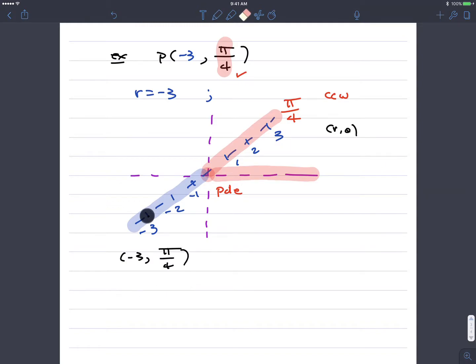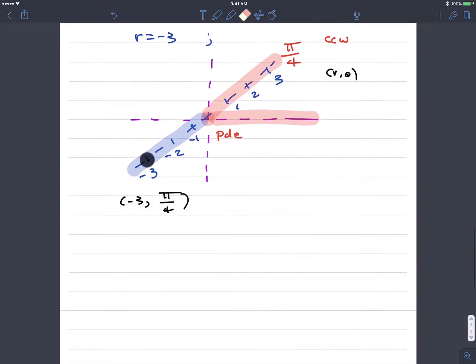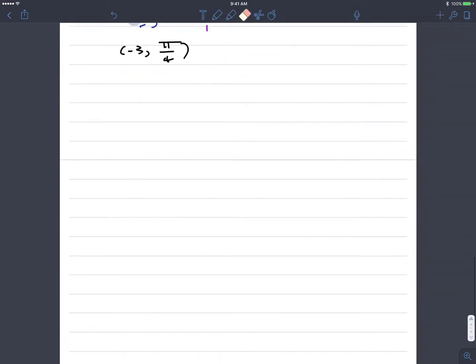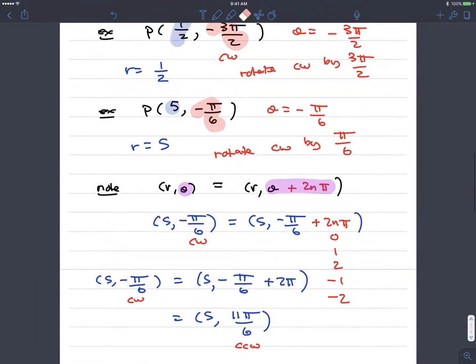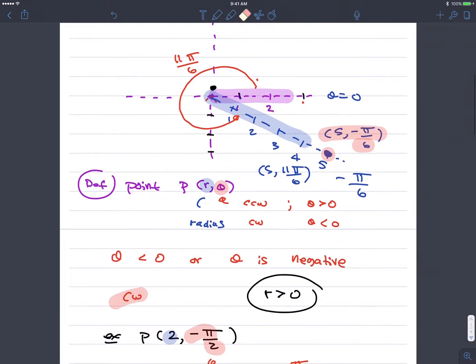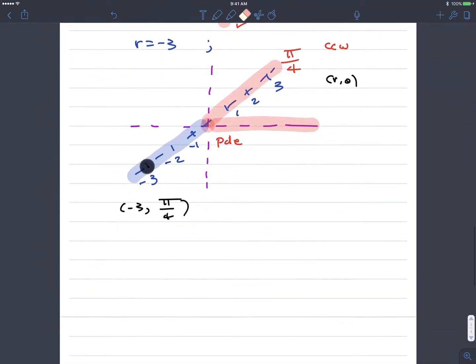Let's just first start with this palm and thumb idea, because I think that's worked well for me in my life. It'll work well for you guys too. And we'll do some more of these examples. Maybe we'll erase this here, and we'll go back to our original. Let's look at some more examples of negative radius.